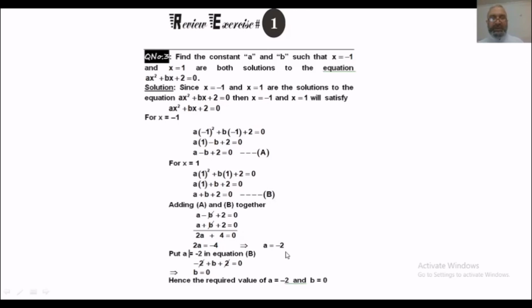So putting a is equal to minus 2 in equation B, a plus b plus 2 is equal to 0, we get minus 2 plus b plus 2 is equal to 0. Minus 2 and plus 2 cancel, b is equal to 0. Thus we get two values which are required: a is equal to minus 2, b is equal to 0.